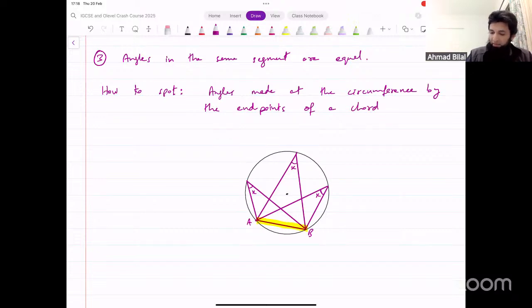So you have a chord like this. In this case, I drew this chord in green, let's say. And this is the chord that we're talking about.